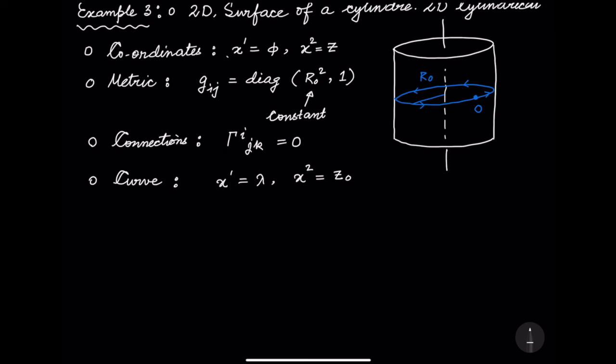And I don't really need to do anything. I know the Christoffel symbols will be 0. So what will happen is just like the case of the Cartesian coordinates in Euclidean space, it will not change the vectors at all.